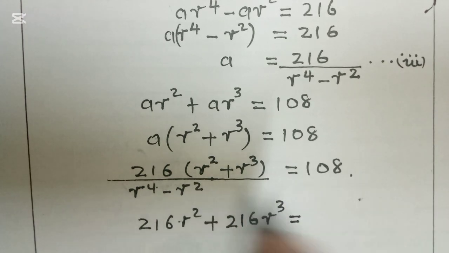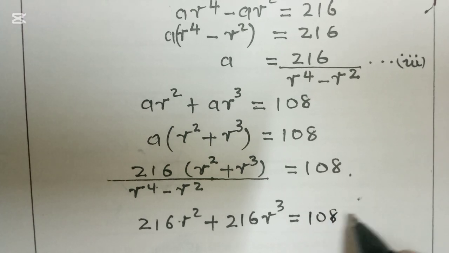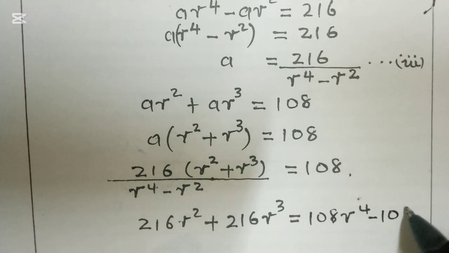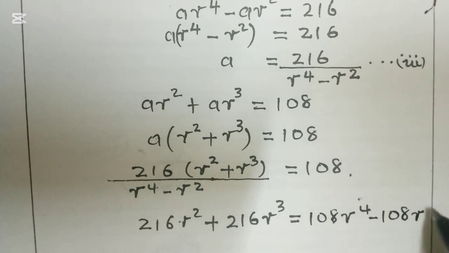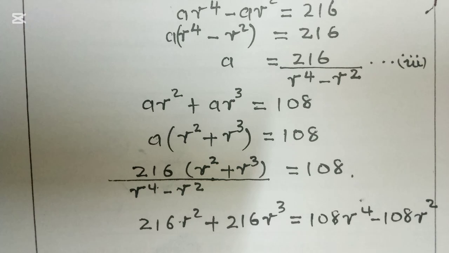Now we can cross multiply. This will be 108R^4 minus 108R^2. We are still on our way.